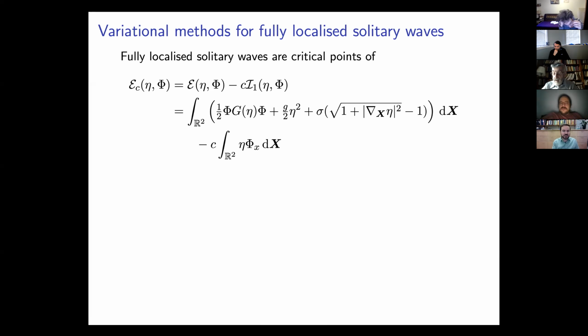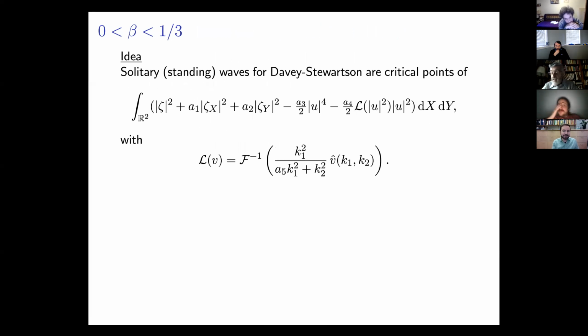Okay, so now I look at this functional directly, instead of fixing or constraining the momentum. Again, there are huge problems with attacking this directly. So what we'll do is something similar to Craig and Nicholls, who used a variational Lyapunov-Schmidt reduction.